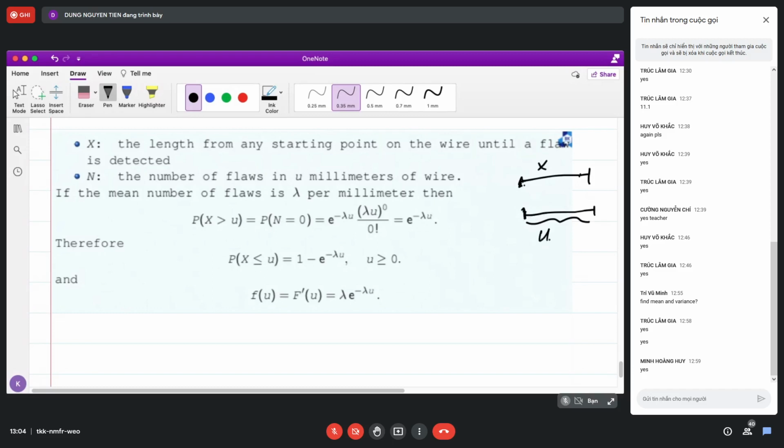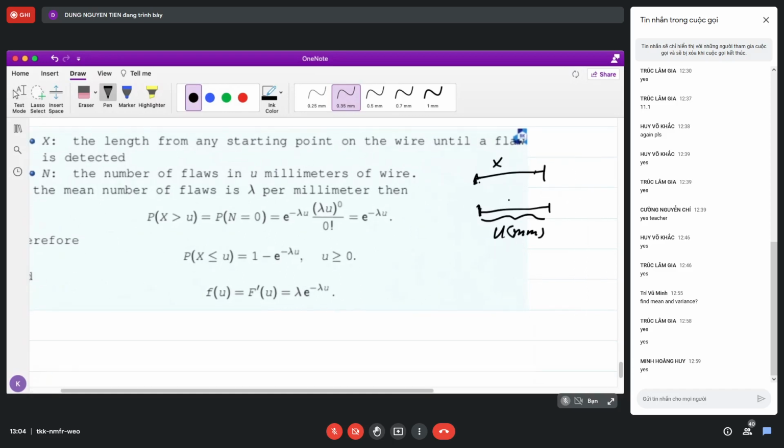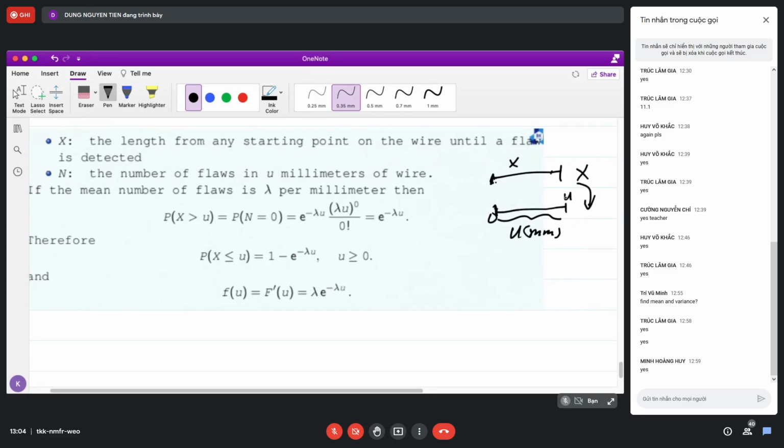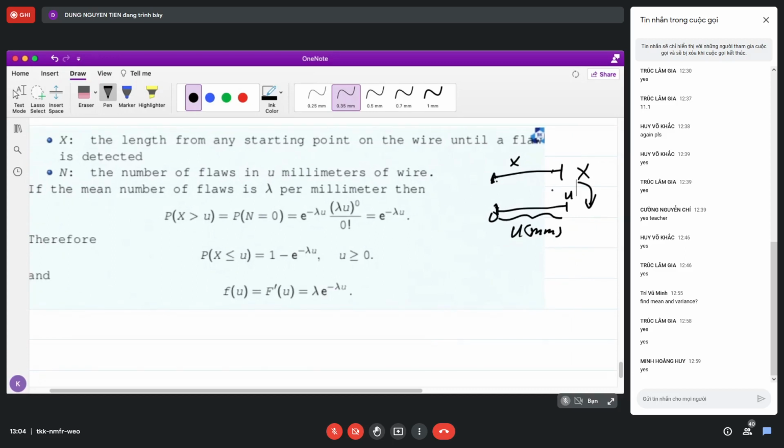Suppose that this is a u millimeter wire. X is more than u. This is 0. It means that X is over here. If X is here, it means that the length between the two flaws is greater than u.